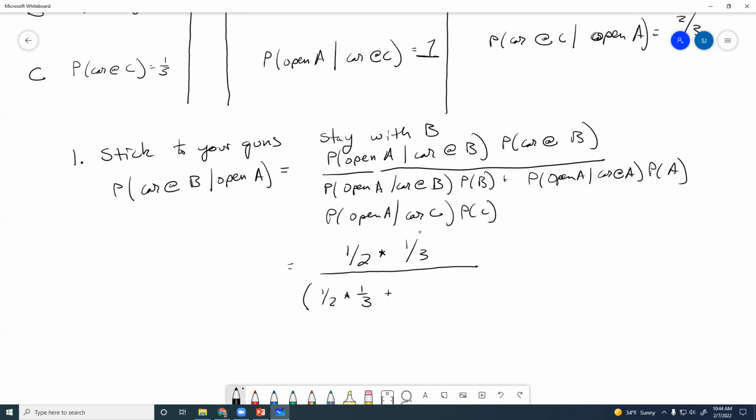Plus the probability that he opens A, given it's at A, that's 0, so we're not going to do the rest of that. And then the probability that he opens A, given it's at C, and you chose B, right? So that's 1 times 1/3, the probability that it's at C. So if we do all that math, we get 1/3.